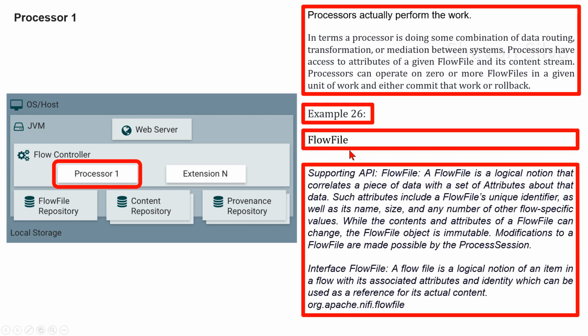Path: the FlowFile's path indicates the relative directory to which the FlowFile belongs and does not contain the filename. Absolute path: the FlowFile's absolute path indicates the absolute directory to which a FlowFile belongs and does not contain the filename.